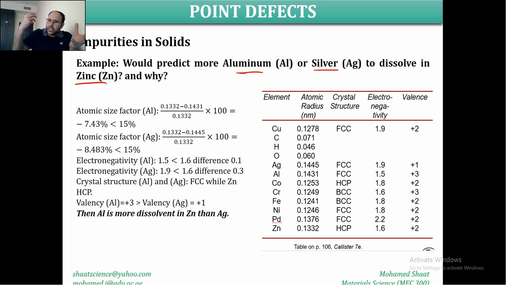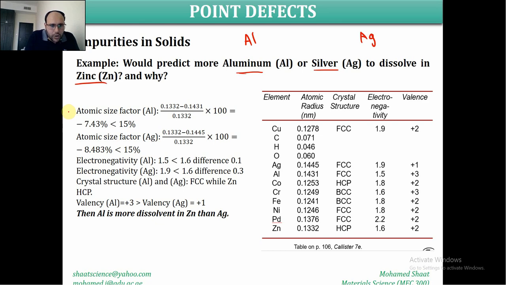And we would like to examine which one can be more easily dissolved within this solvent to form a substitutional solution than the other one. Is it aluminum or silver? You got it? So the solvent material will be the zinc, and we would like to compare between the aluminum and the silver, based on the 4 conditions.